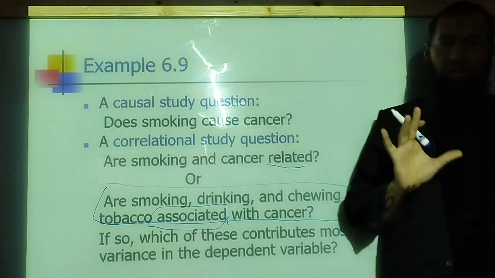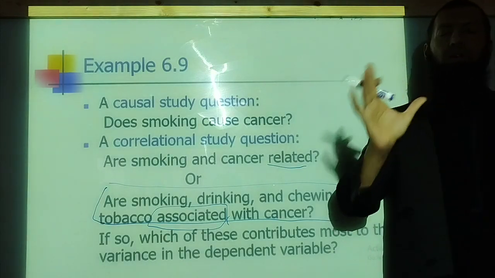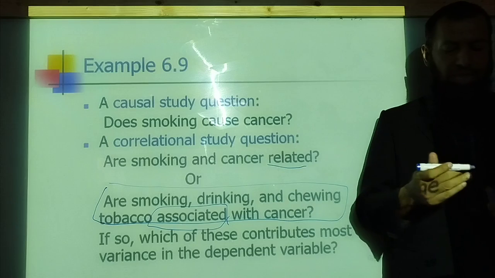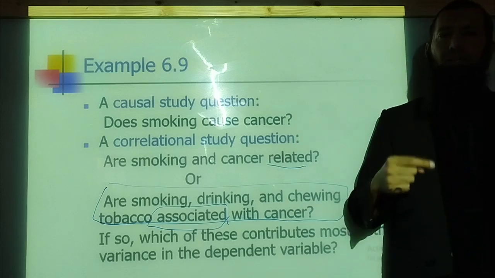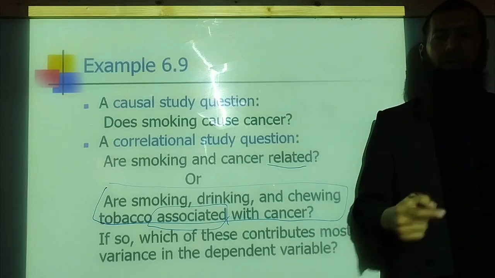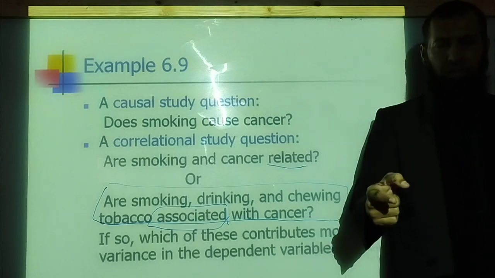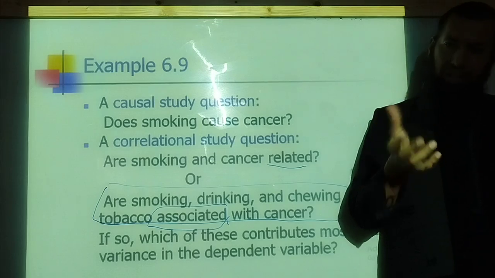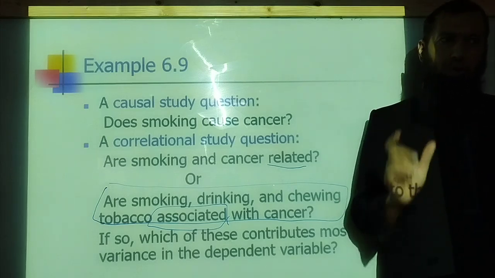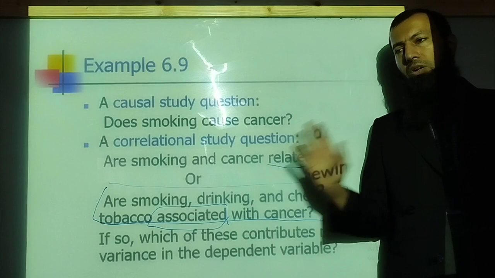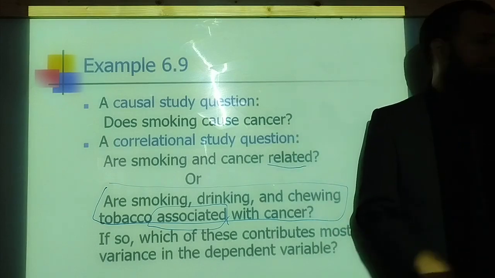When we talk about association only, we are not publicizing that chewing will cause cancer, drinking will cause cancer, smoking will cause cancer. What we are saying is that there is a relationship. When we talk about the relationship only, we go with the correlation. Got it?